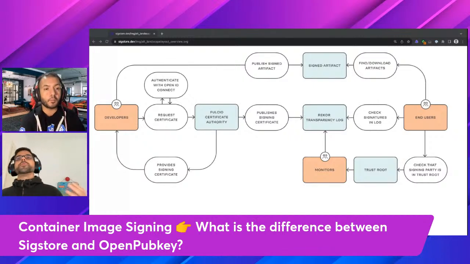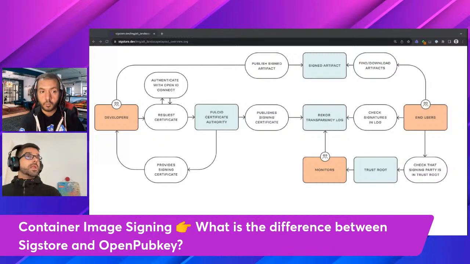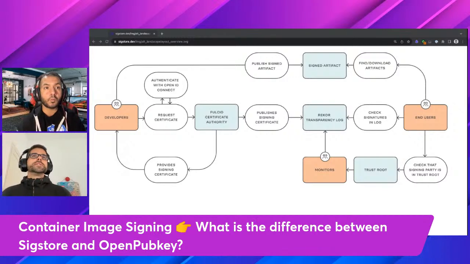So you will see at least another two or three services, which brings back the transparency log. In this case, we have Rekor for Sigstore, so we will need a transparency log for OpenPubkey. We will need an archival log. That's how they stated it, but it could be a different type of service.